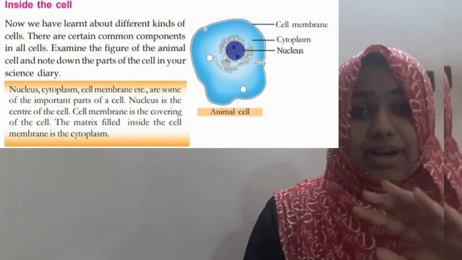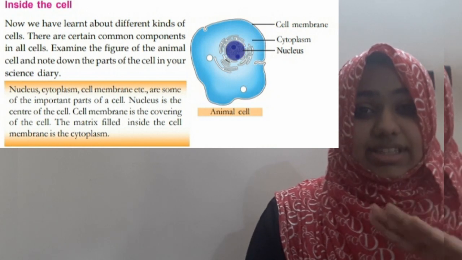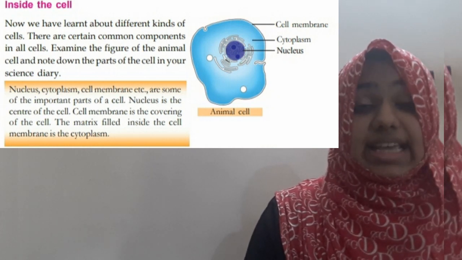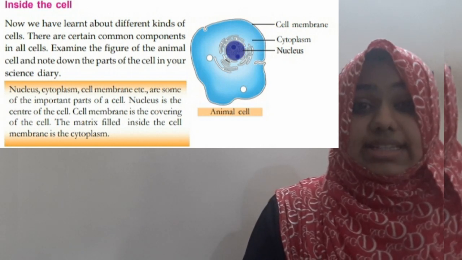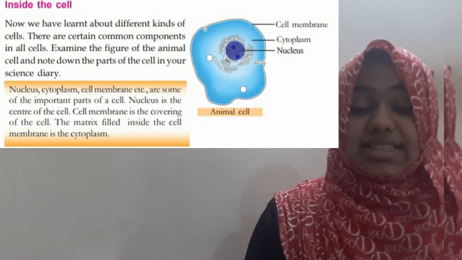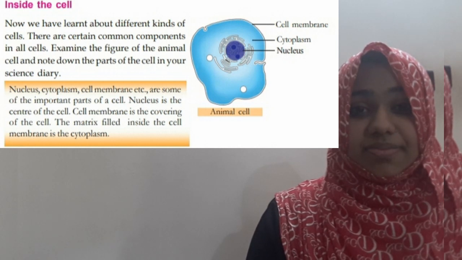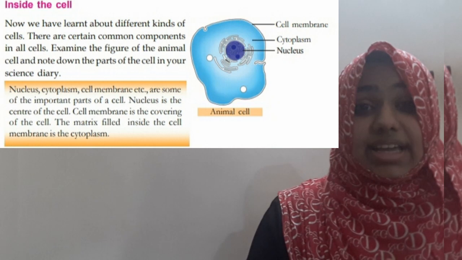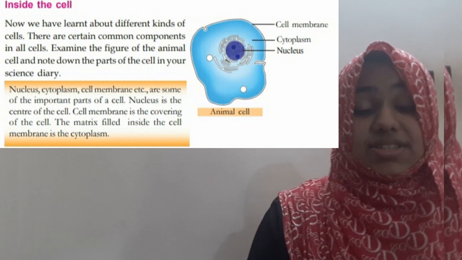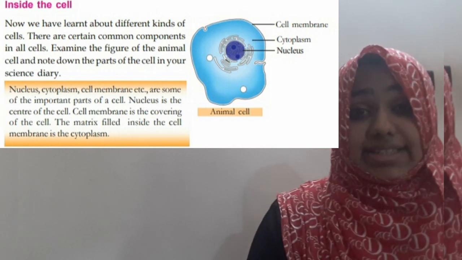And the inside part which is covered, which is shaded here, is called the cytoplasm. What is it called? It is called the cytoplasm. Is it clear, dear children? And the round inside is called the nucleus. It is called the nucleus.